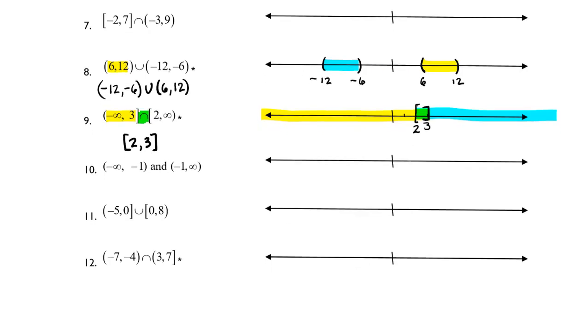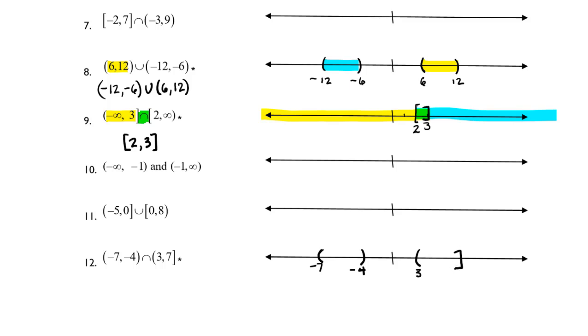Last one here that I'm going to work out for you is number 12. We have -7 to -4. We're not including the endpoint, so it's a parenthesis. Intersection with 3 to 7, including the endpoint at 7.